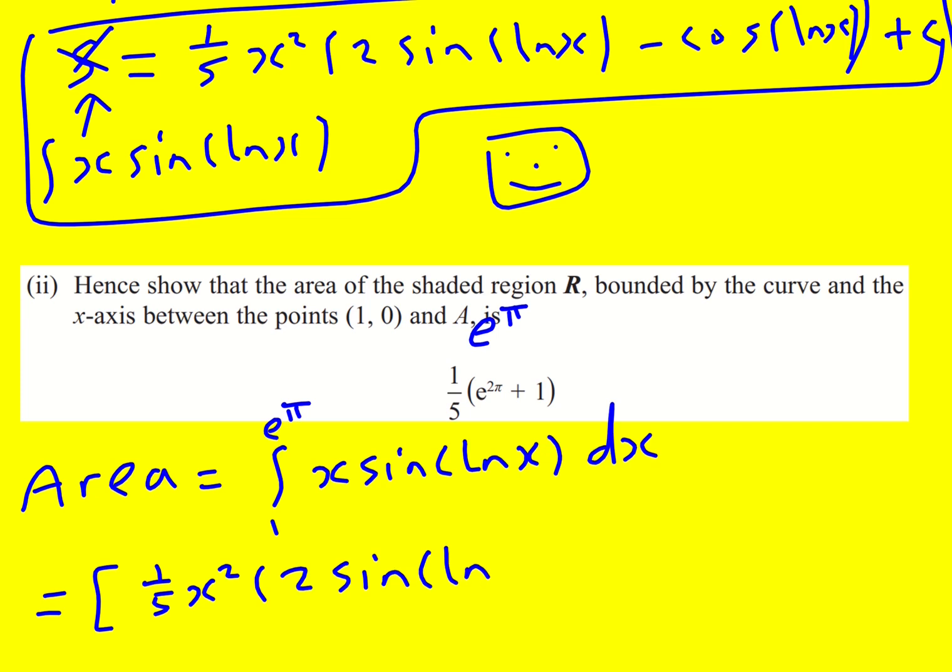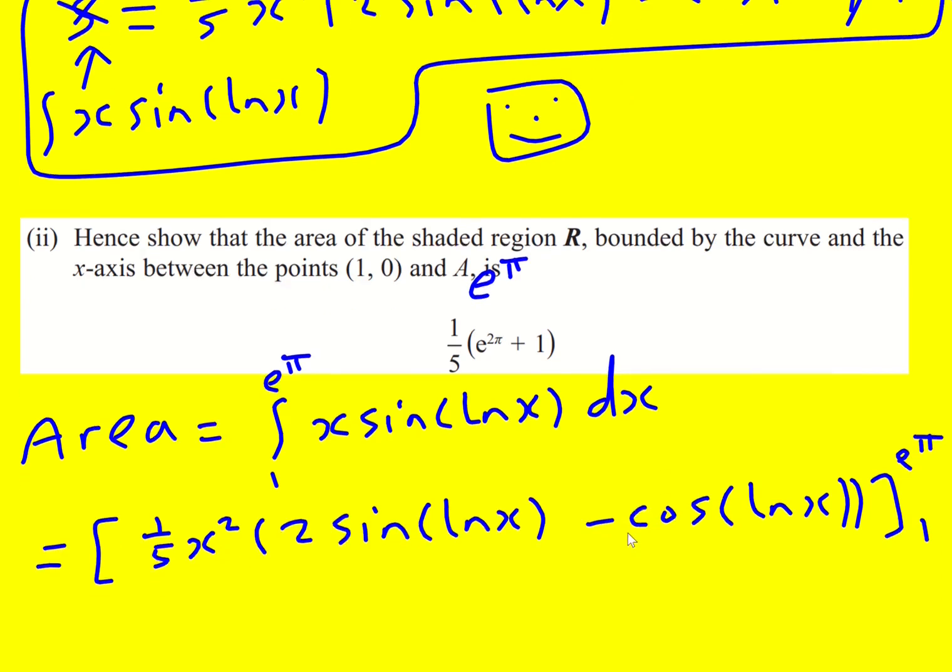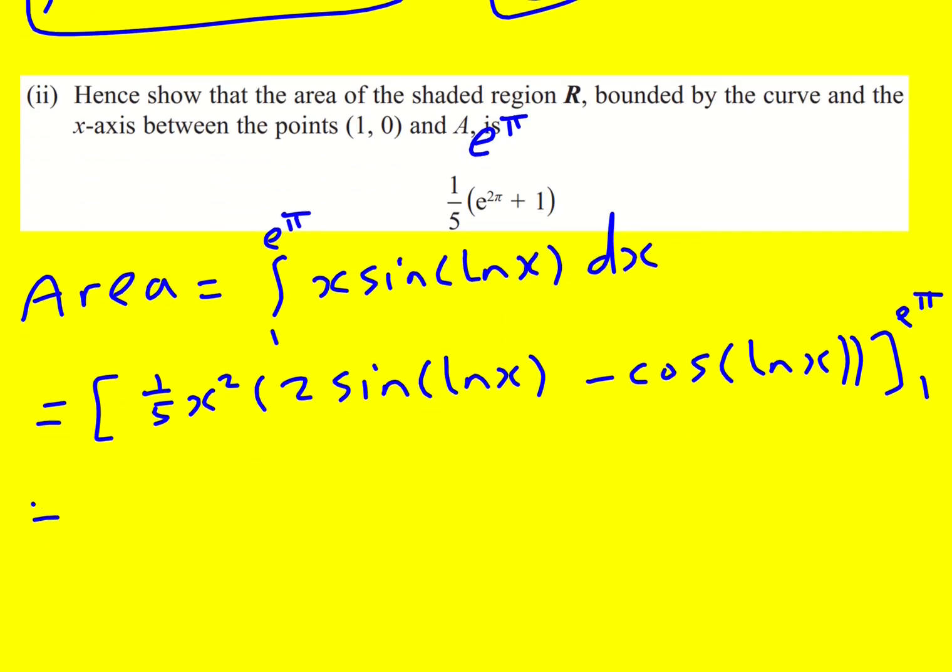2 sine ln x minus cos ln x. And I can ignore the constant. So when I substitute in e to the pi and square it, I'm actually going to get e to the 2 pi by combining the indices.